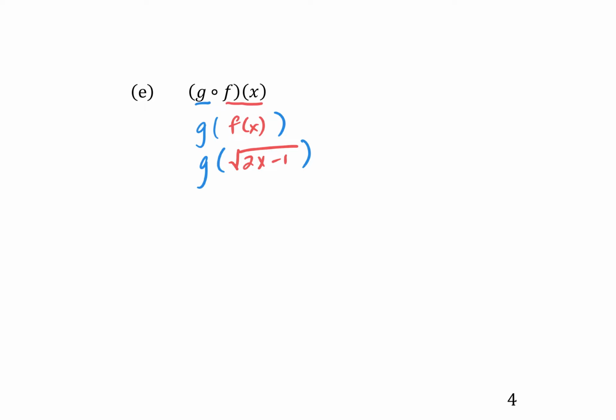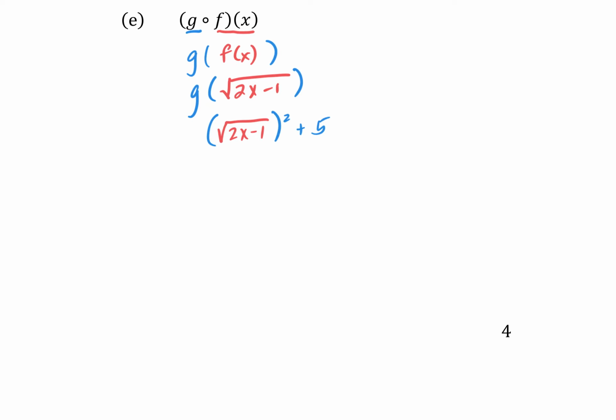So when I put the square root of 2x minus 1 into g of x for x, I'm squaring it, and I'm adding 5. So here the square root and the square are going to cancel. I'll end up with 2x minus 1 plus 5, which is simply 2x plus 4. And that would be my g of f. And that is it.